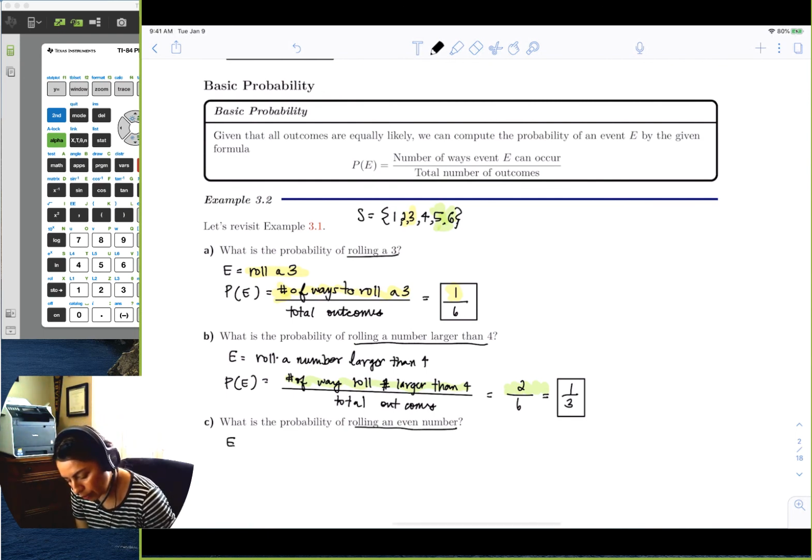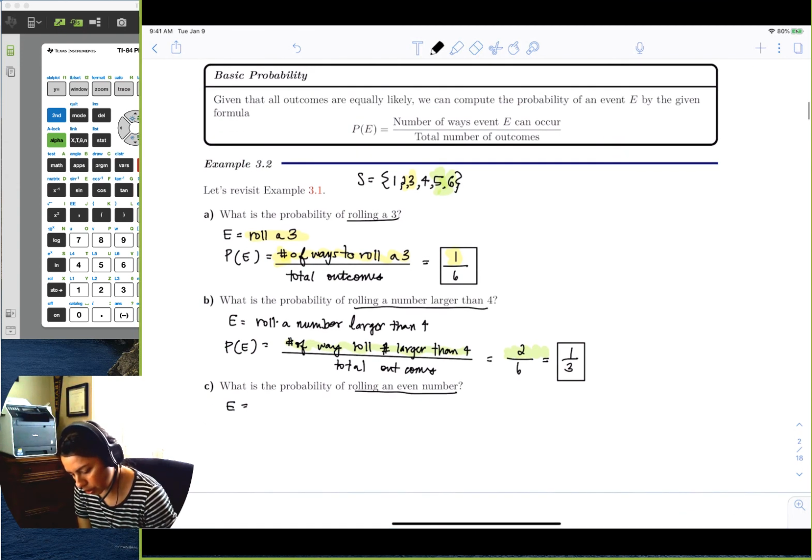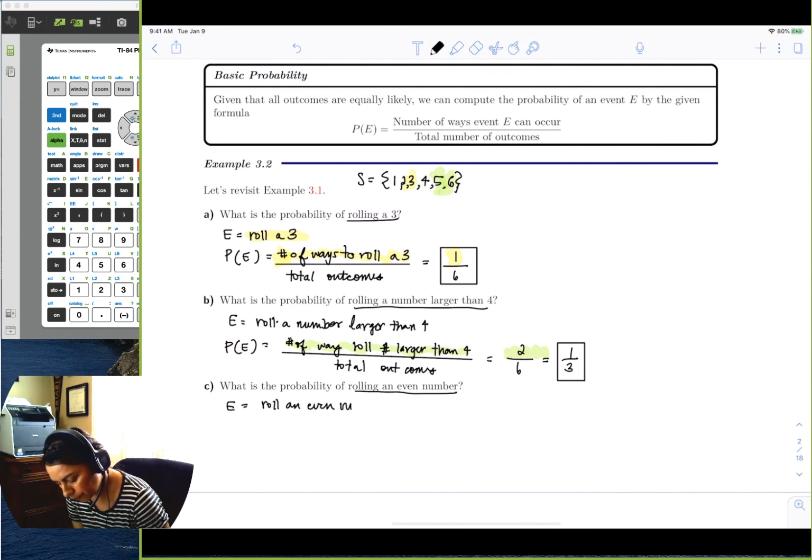Now you tell me what the event is. That's right, rolling an even number. The probability of this event occurring is the number of ways to roll an even number all over the total outcomes.